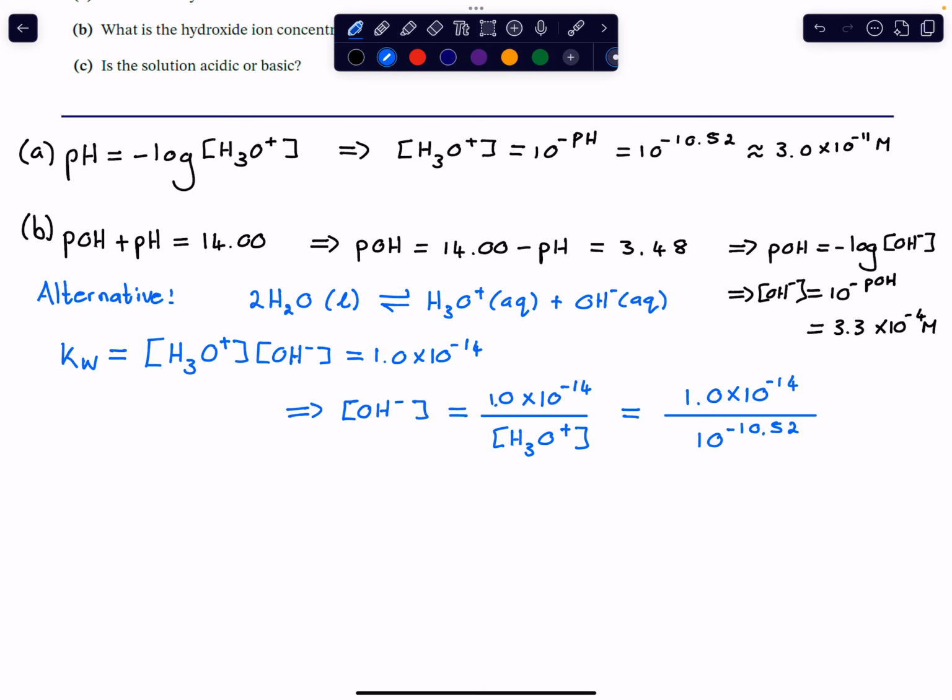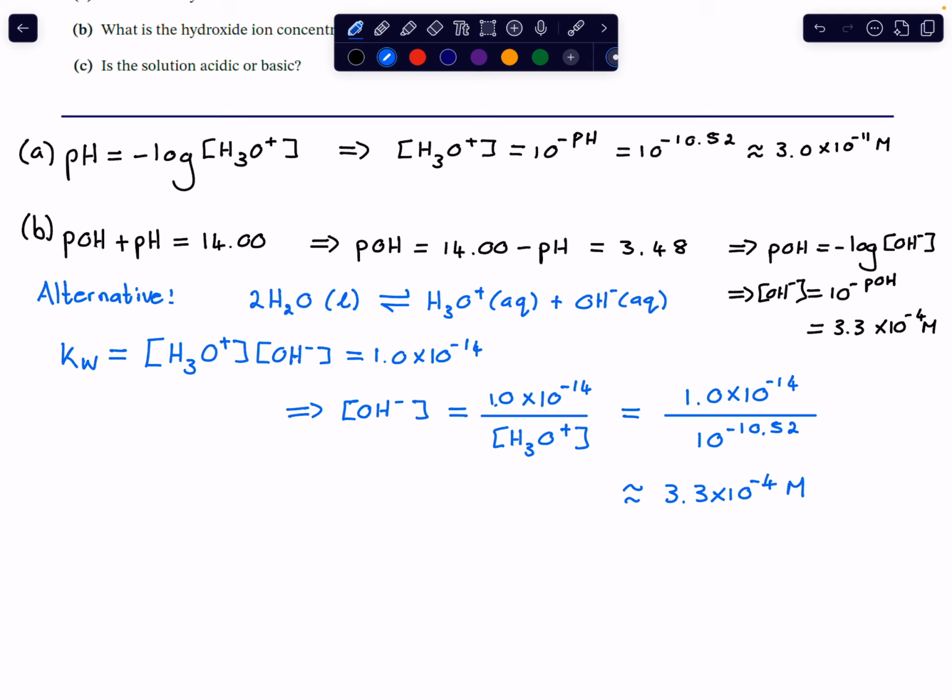So then this will round to exactly the same value, 3.3 times 10 to the negative 4 molar. Okay, so those are two ways that you can relate the hydronium ion, the hydroxide ion, the pH, the pOH. This is just to remind you of how all those things fit together within the pH scale.